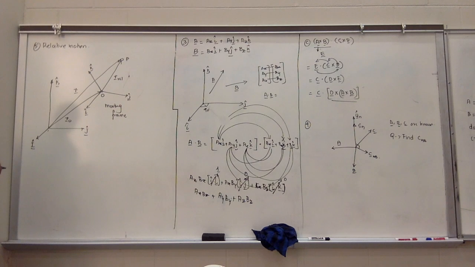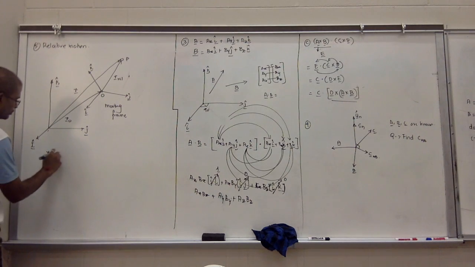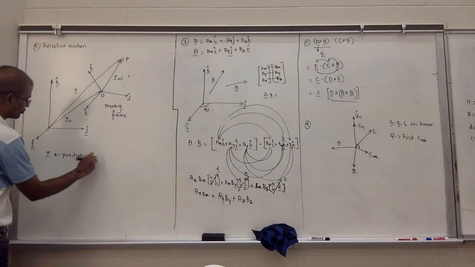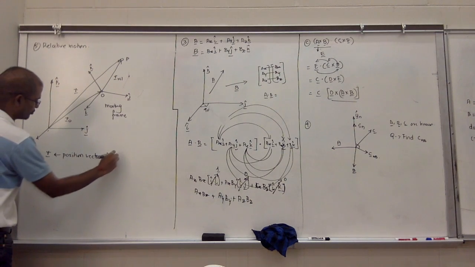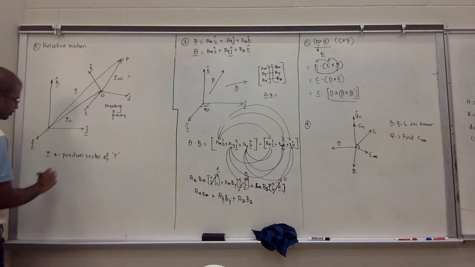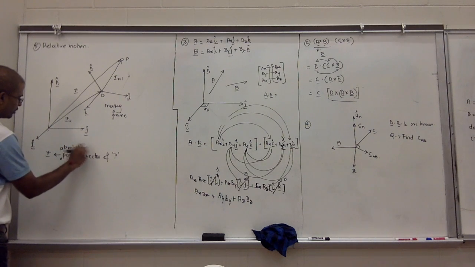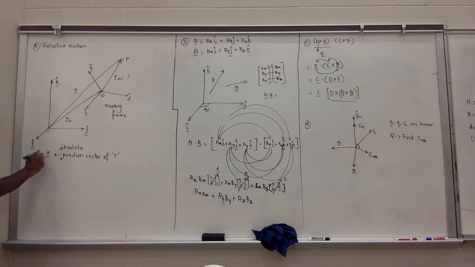Now what you are going to see there is, R is what? Particle P. And this is the absolute position. This is also equal to R P. It just means that it is the position vector of particle P.